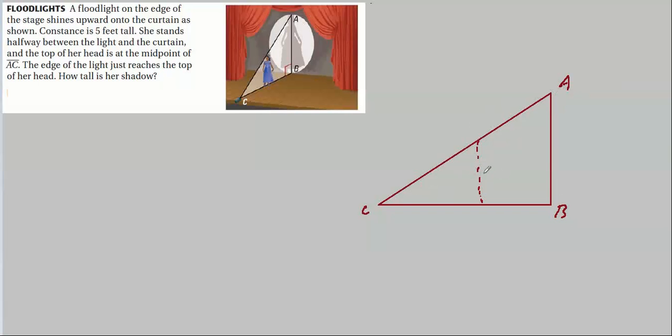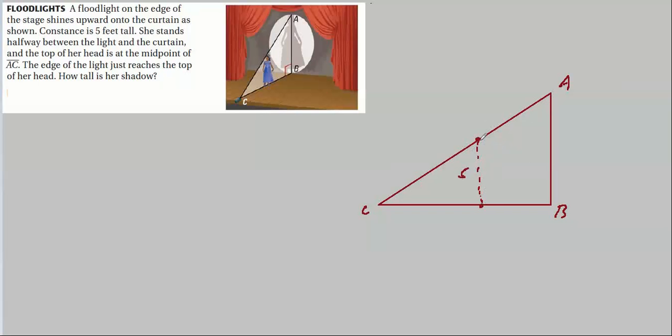Why? Well, because if she's standing straight, then she's parallel to the third side here, and her head is bisecting this side of the triangle, and her feet are bisecting this side of the triangle. And her length, well, it says here, is it 5 feet? Yeah, there we go, 5 feet. Now, this must be a mid-segment.